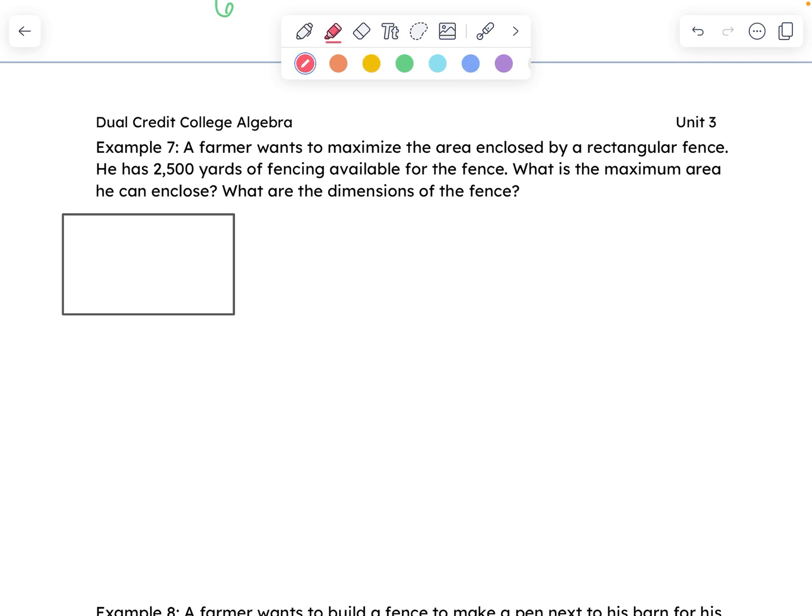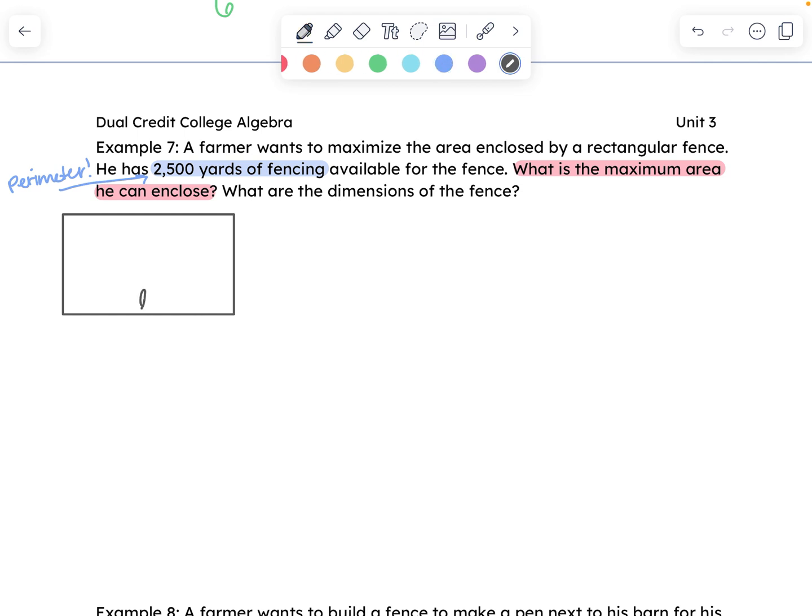So what you have to pay attention to is it's asking what's the maximum area you can enclose. But when we're looking at 2,500 yards of fencing, that's not talking about area. That is talking about perimeter. So we have two different equations that we're going to be looking at here.